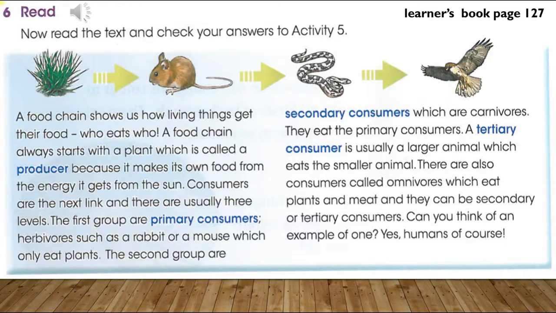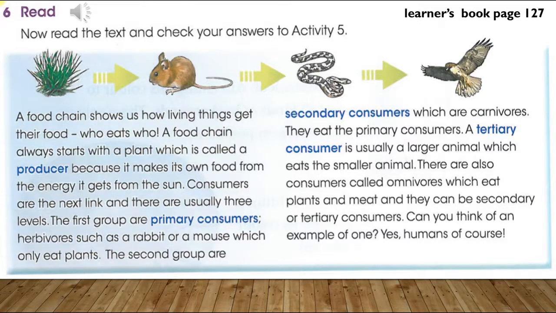You're gonna follow. A food chain shows us how living things get their food, who eats who. A food chain always starts with a plant, which is called a producer because it makes its own food from the energy it gets from the sun. Consumers are the next link, and there are usually 3 levels. The first group are primary consumers, herbivores such as a rabbit or a mouse which only eat plants.